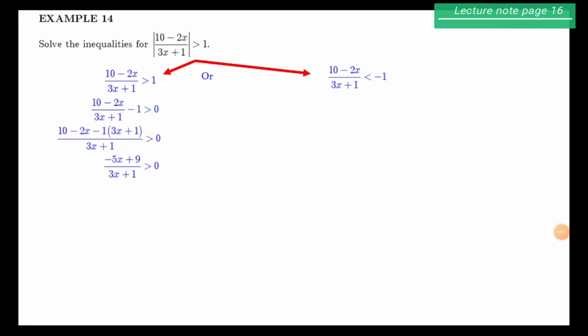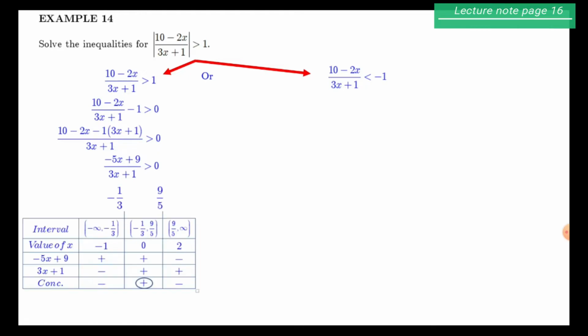To find the solution for our left side inequality, I want to use the table of sign method. In this case, I'll put the critical values here, negative 1 over 3 and 9 over 5, found by solving the fraction that we have on our left side of our inequality.